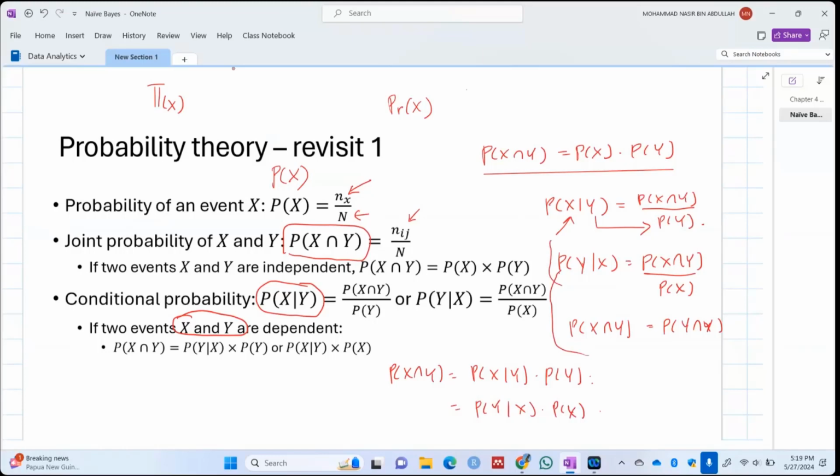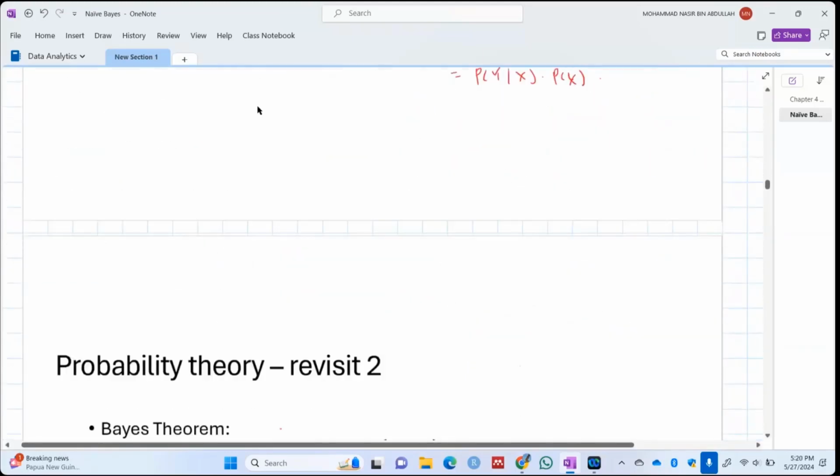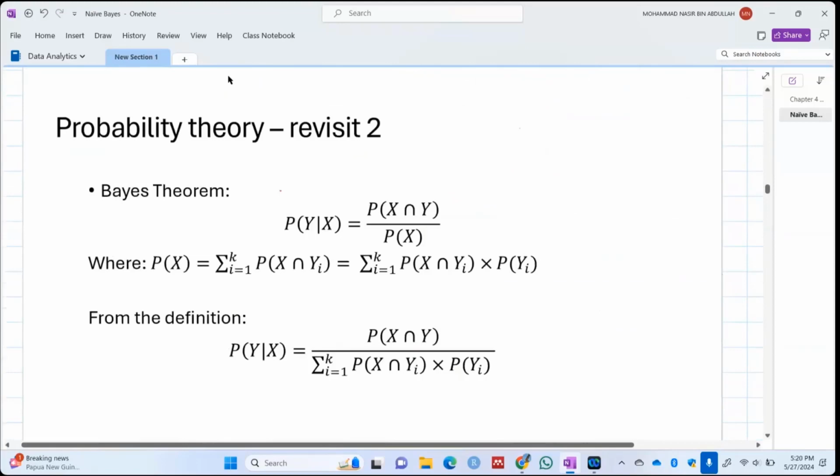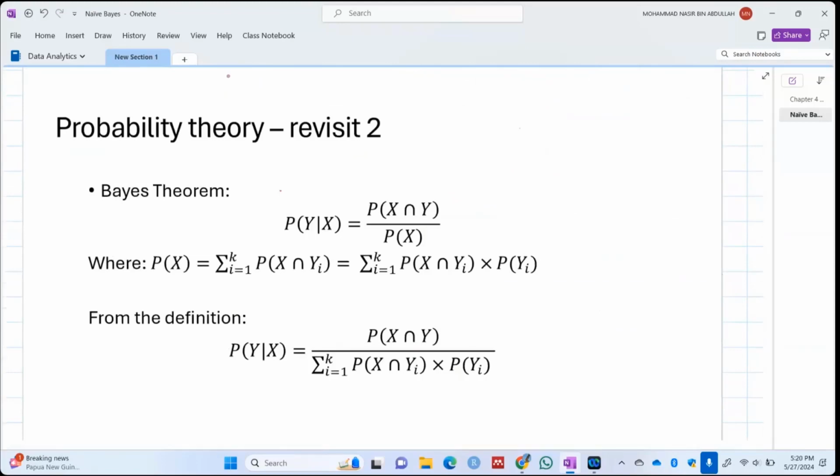Okay. I hope you're clear about basic probability theory. So the next thing that we need to know is Bayes theorem. Bayes theorem is the same concept as conditional probability. The only difference is where we have many values of x, right?